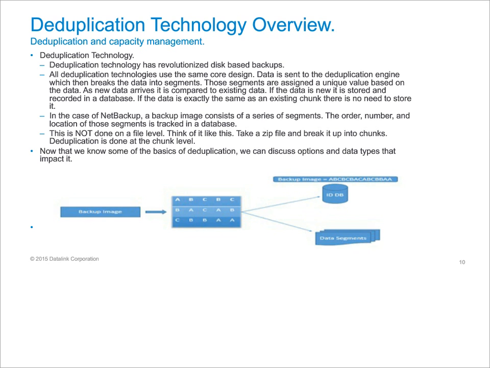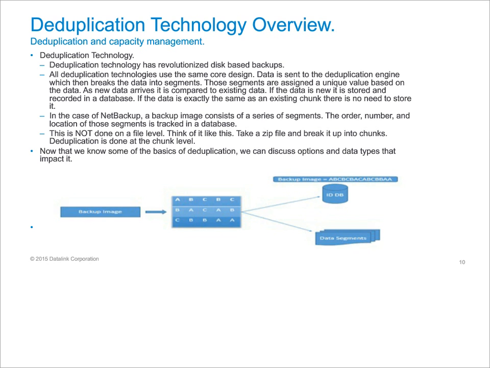So if a segment comes in with a signature of A, we look at this diagram here. We have data coming in and it's broken up into chunks, and for this example, we're going to use A, B, and C. So if our data file has the signature A, B, C, we break it into these chunks.